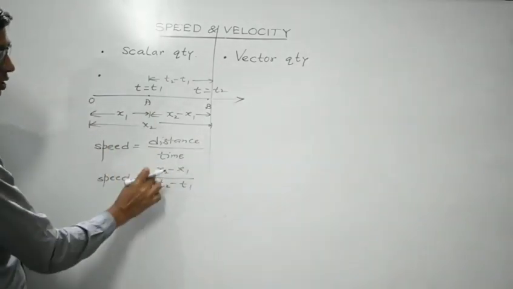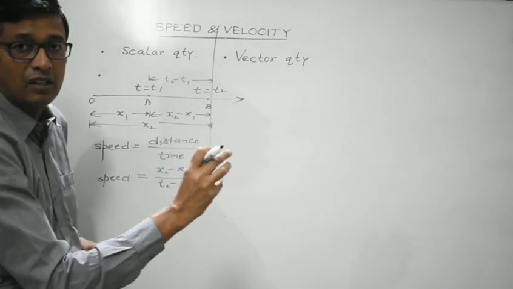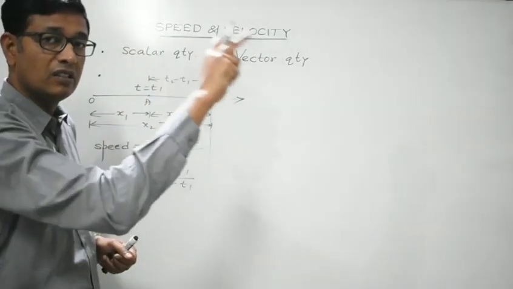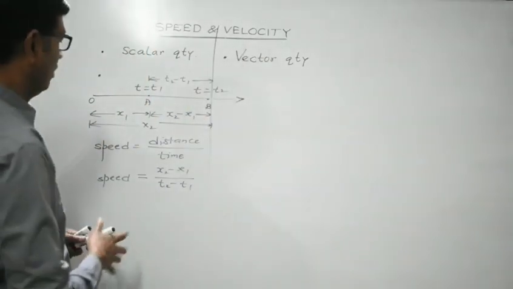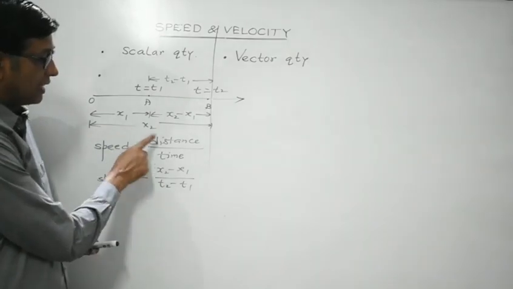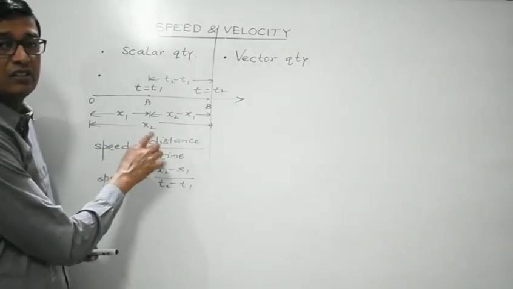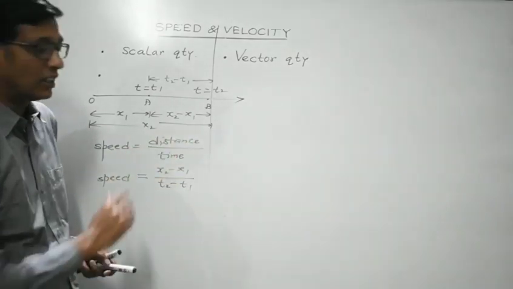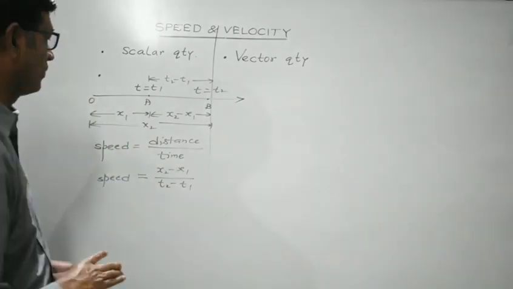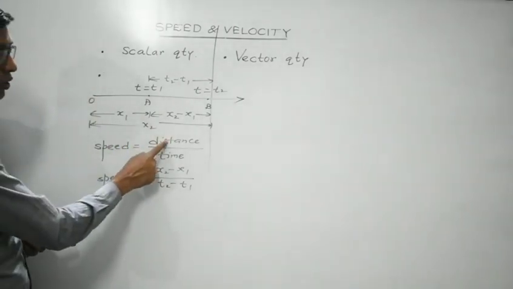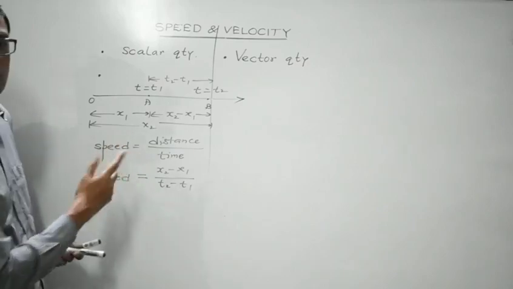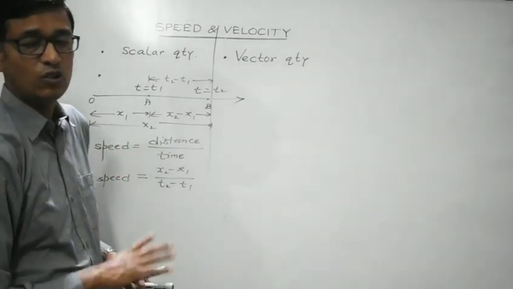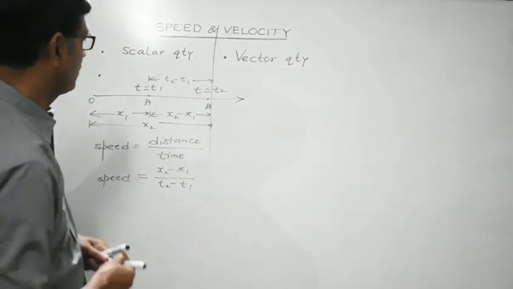Speed is defined as the time rate change in the distance covered by the body. Distance is a scalar quantity, time is a scalar quantity, so speed is also a scalar quantity, obviously having only magnitude but no direction.